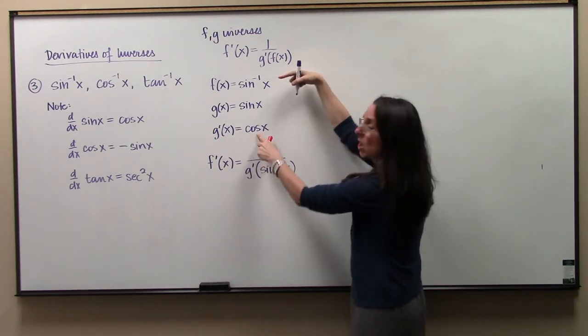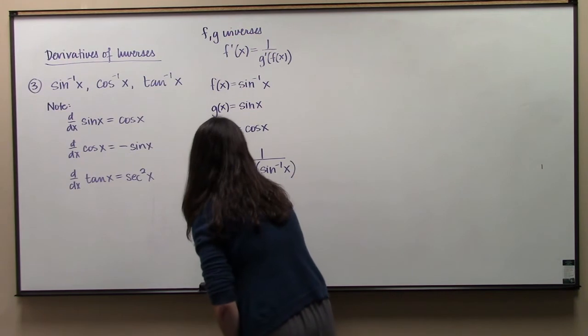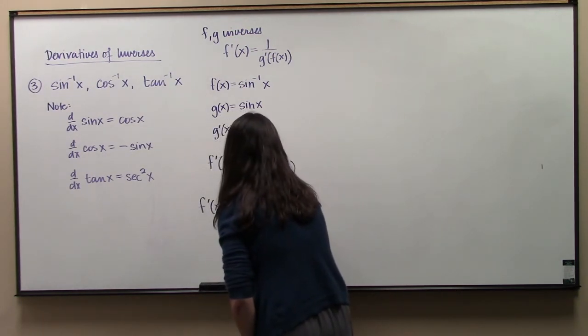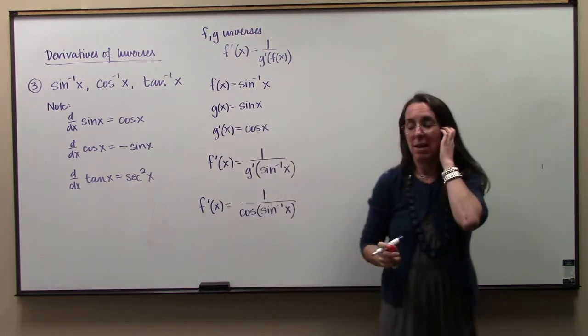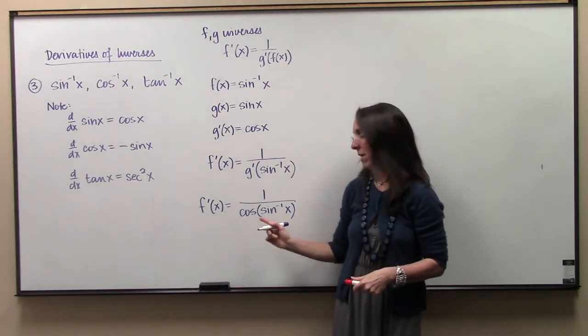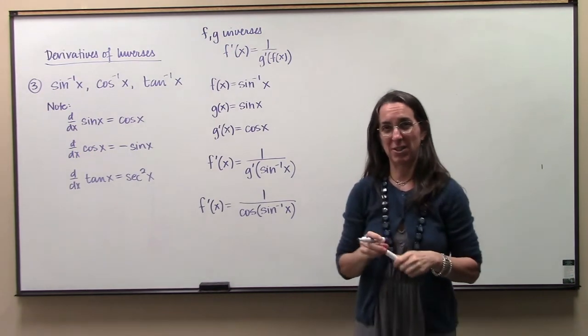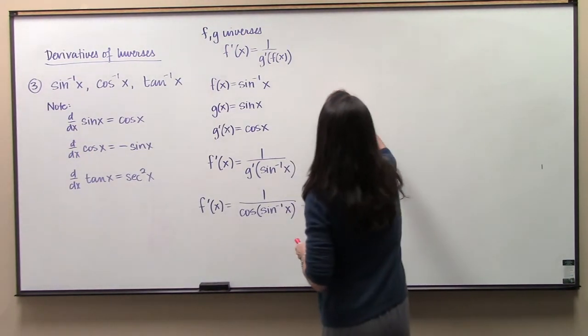Now g prime is cosine. Oh my God, what is this? What does this mean? Well, in order to find my way through this, I need to draw a picture of a triangle so I can see what's going on.